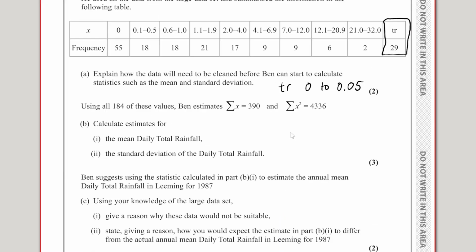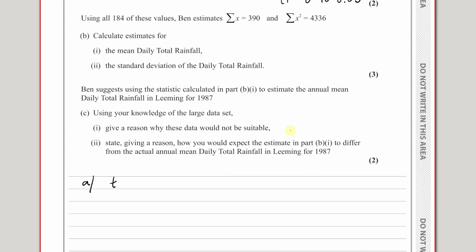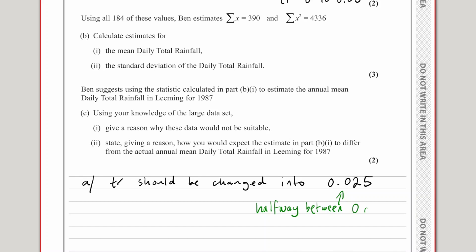Either one of those will be okay for the answer. So trace should be changed into 0.025, which is halfway between 0 and 0.05.